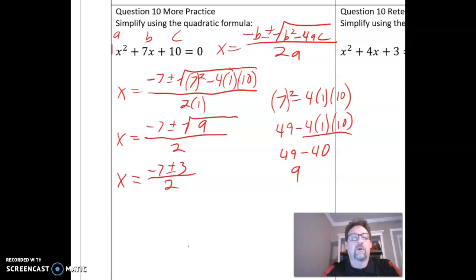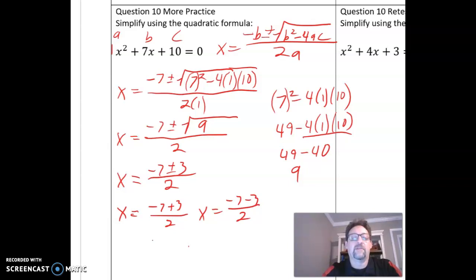And we're going to keep on simplifying. So actually, first of all, sorry, we're going to split this into two equations at this point. One has a plus 3. One has a minus 3.